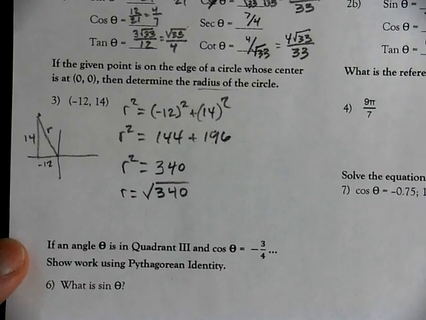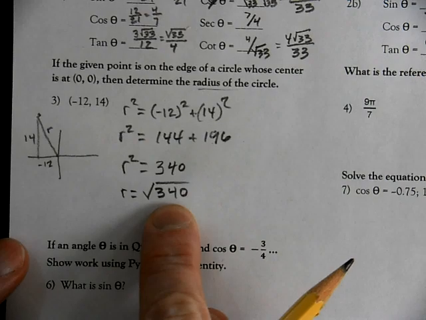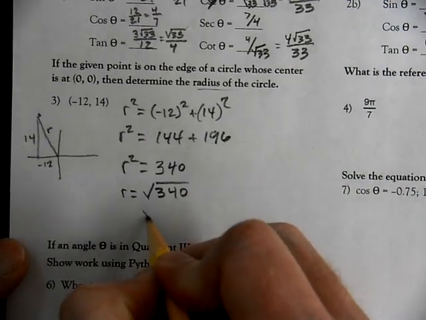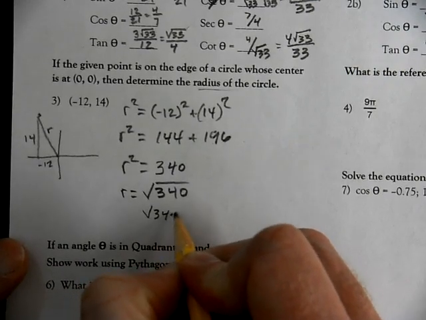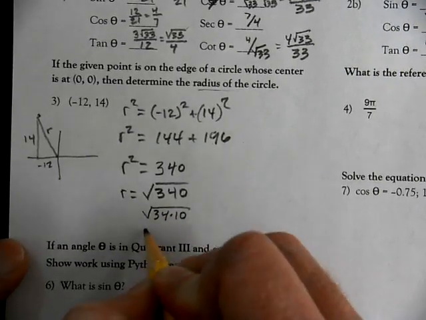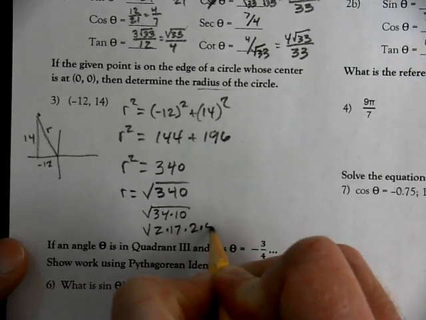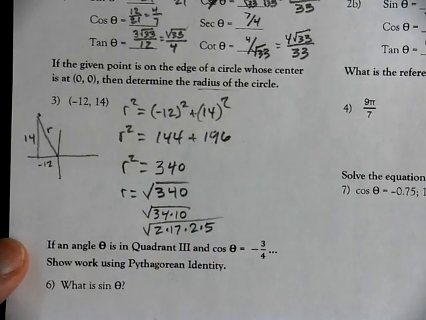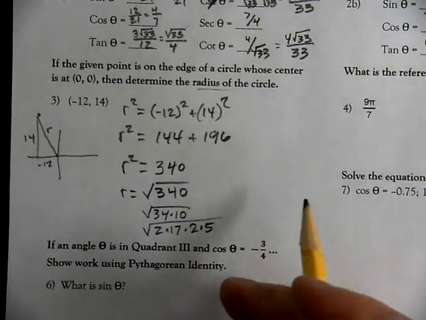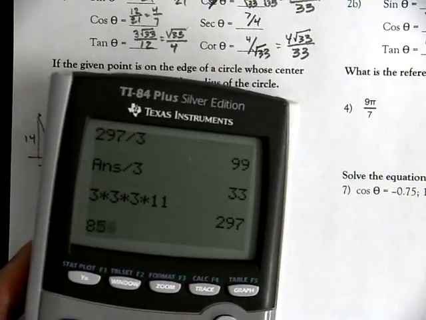Now, can that be broken down? Well, of course it can. I know you could break this down by 34 times 10, which is 2 times 17 and 2 times 5. So it looks like 85 times 4.